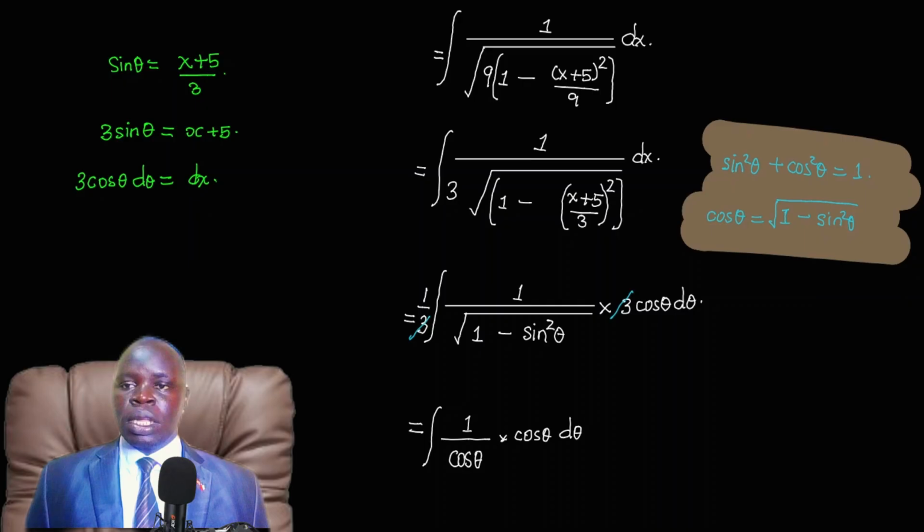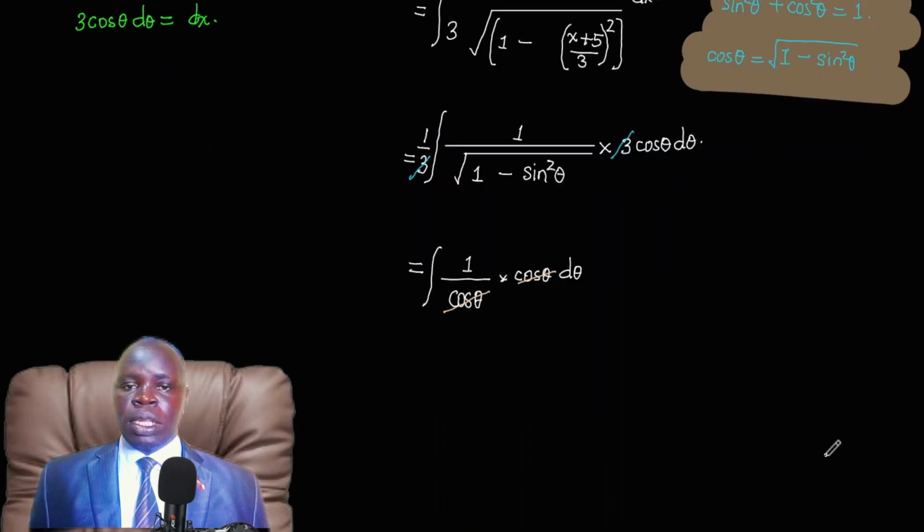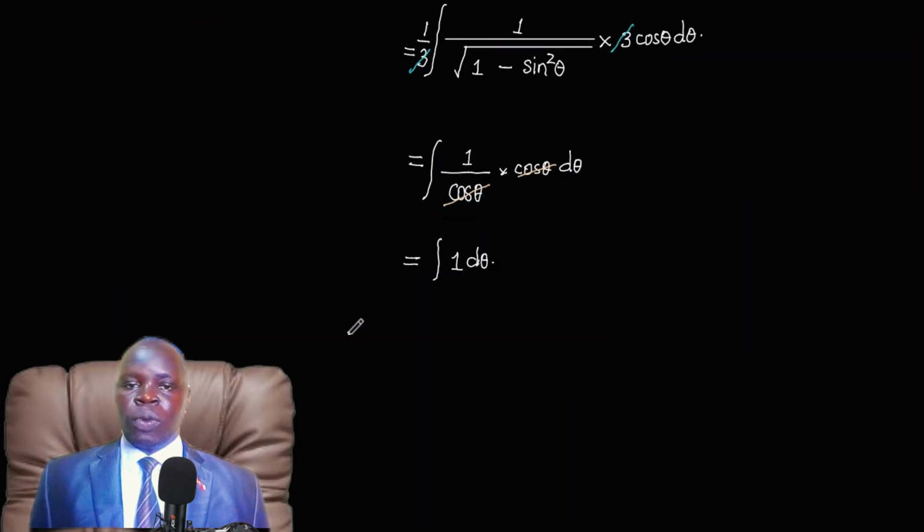And quickly, the cos theta from the denominator will cancel together with this cos theta. And we are left with only 1. So here we have an integral of 1 with respect to theta. So meaning we have now very easy integral to work with.